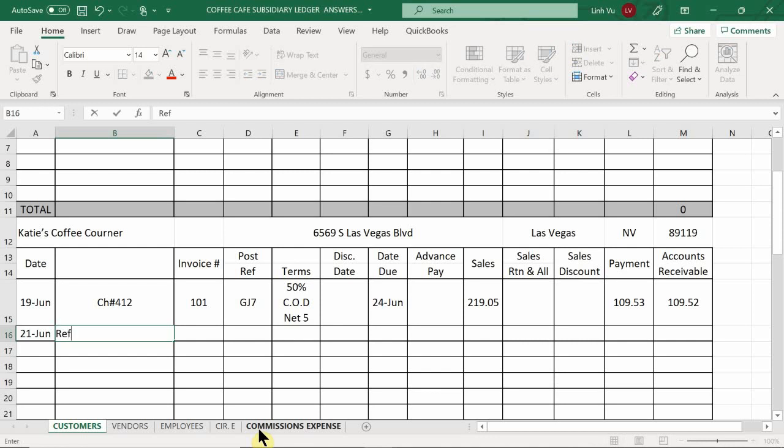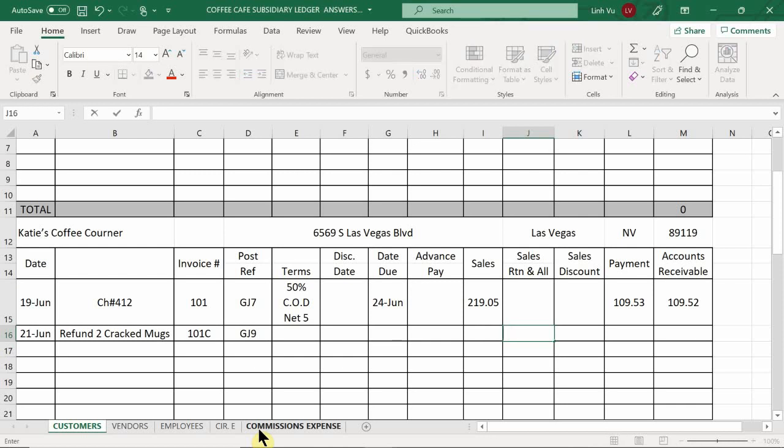So return to coffee cups for... so now we write 100, 100C, no? 100C. And return, sales return.